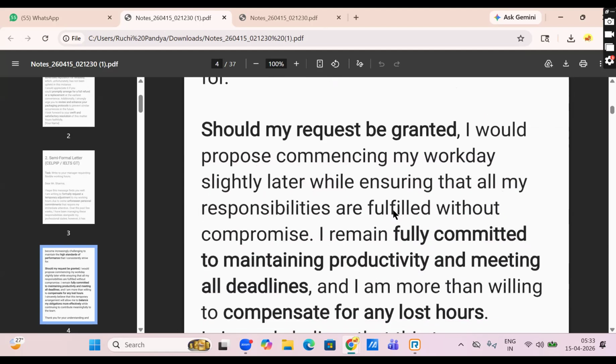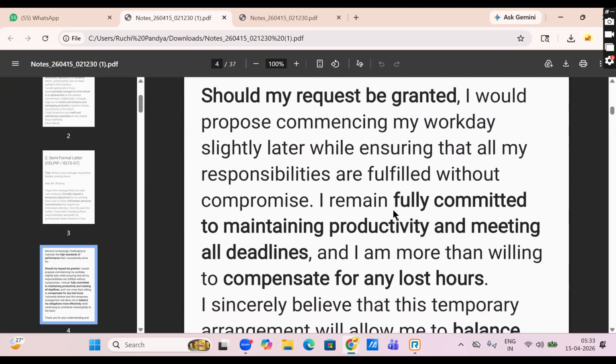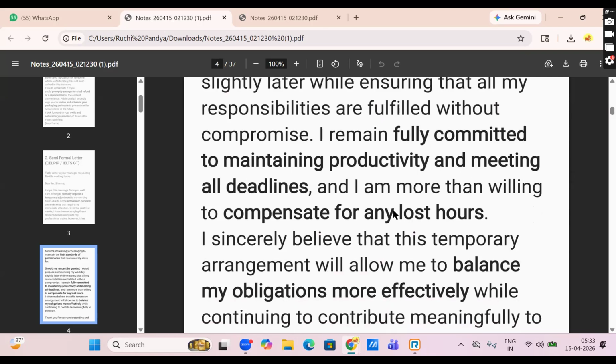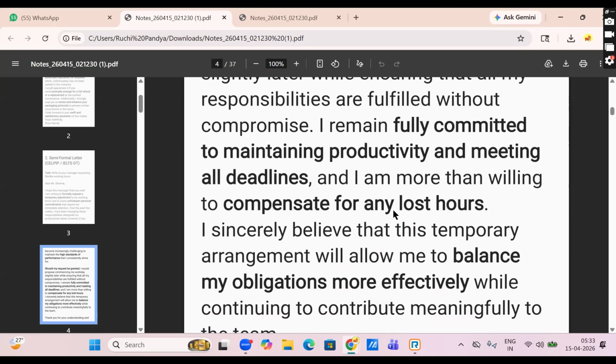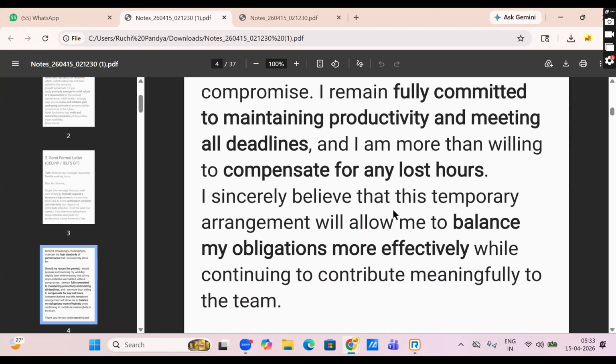Should my request be granted, I would propose commencing my workday slightly later while ensuring that all my responsibilities are fulfilled without compromise. I remain fully committed to maintaining productivity and meeting all deadlines, and I am more than willing to compensate for any lost hours.